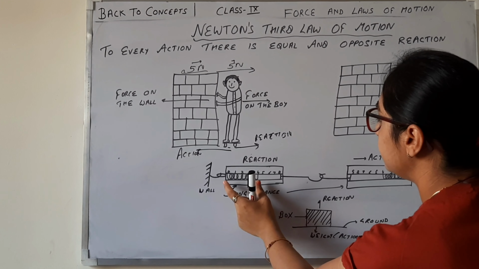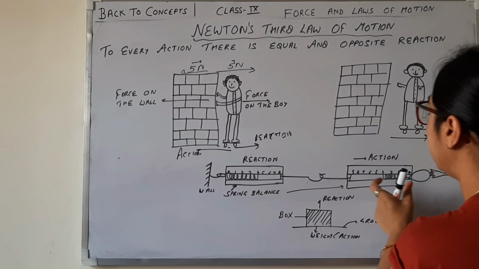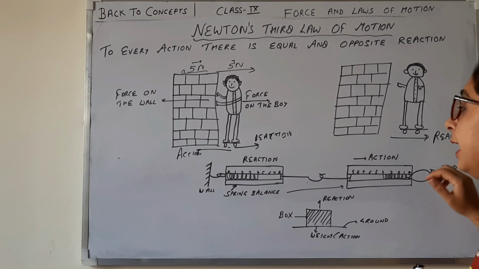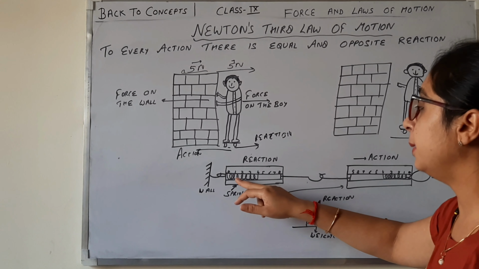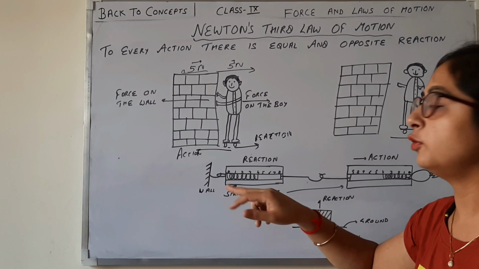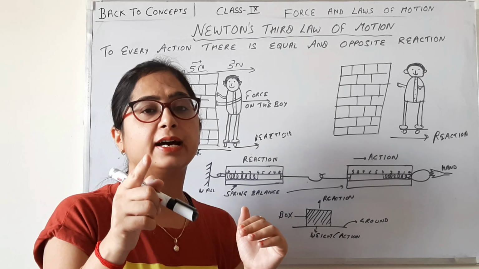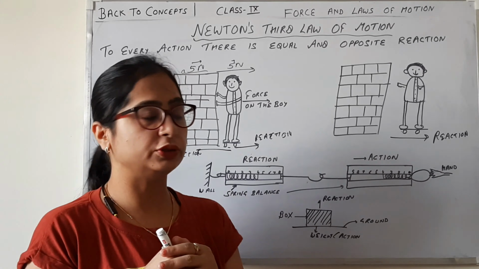The reaction is shown equal and opposite. Here 4 Newton force is applied by our hand, and the same equal and opposite 4 Newton force is shown in this spring balance also. Force is a vector quantity, so action and reaction must always be in opposite directions.